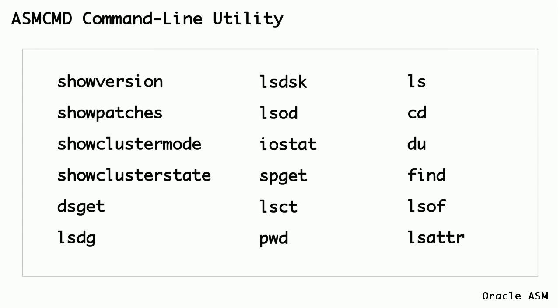ASMCMD commands can be used to retrieve information from Oracle ASM instance using simple Linux-like commands. Behind the scenes, these commands will run complicated SQL commands to retrieve information from Oracle ASM instance. ASMCMD provides more than 100 commands. In this session, we have discussed only 18 basic commands.